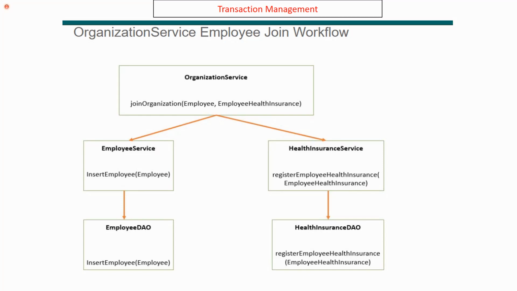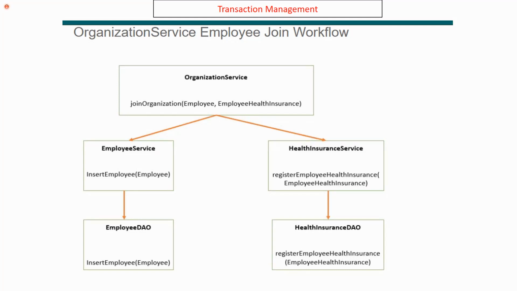Even though you create a transaction object at the child's level or not, no use, it will be completely ignored. Only one transaction object will be there that will be shared by these three services.